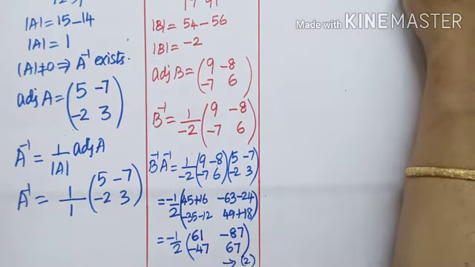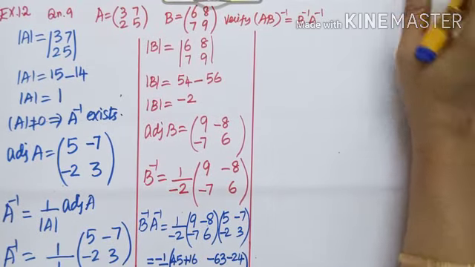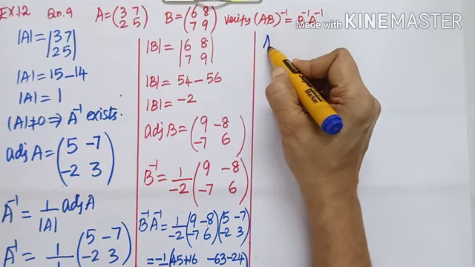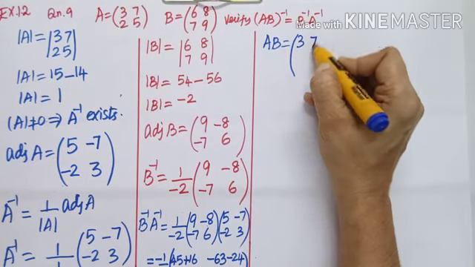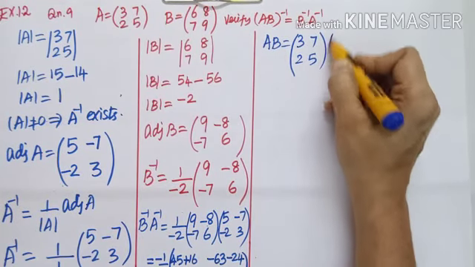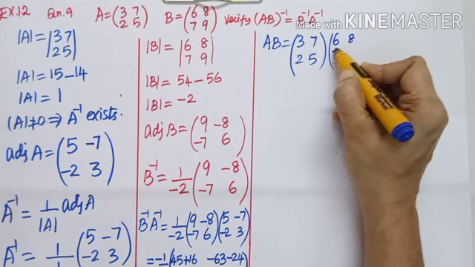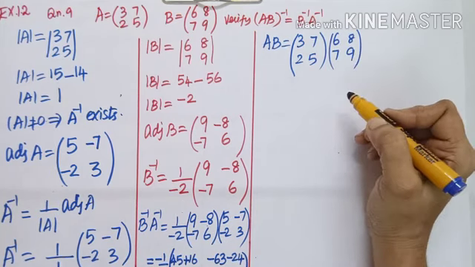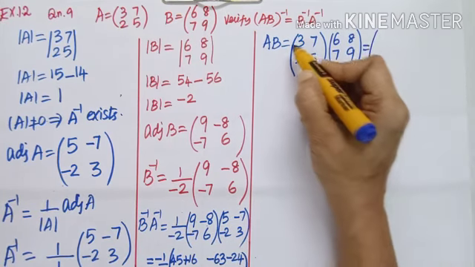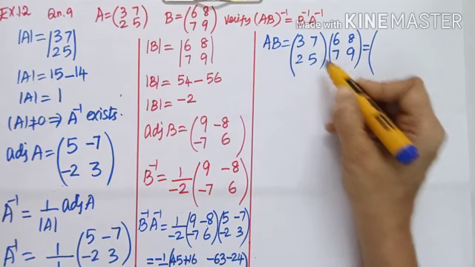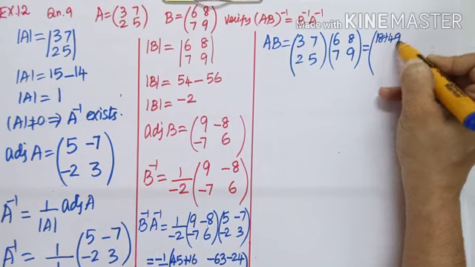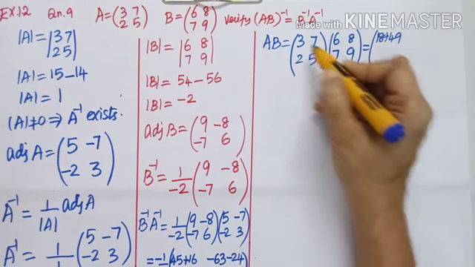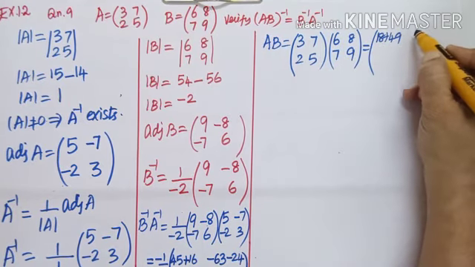We will find the LHS. To find the LHS, I need to find AB. A is 3, 7, 2, 5 and B is 6, 8, 7, 9. How do I multiply? First row by first column: 18 plus 49. First row by second column: 24 plus 63.